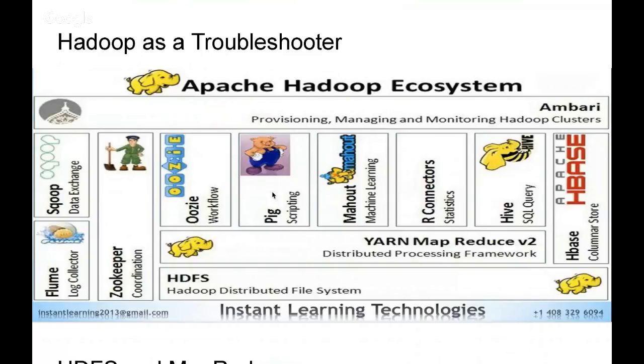So what HDFS does is keep a copy of each piece of data, split it, and distribute it to other machines on the network, so that if one machine fails, we don't need to worry about data loss, because that data is stored somewhere else. That is called the replication factor.